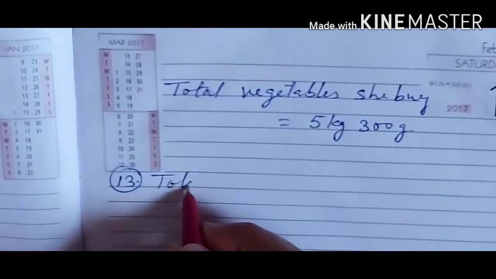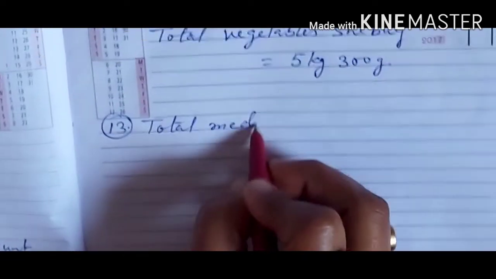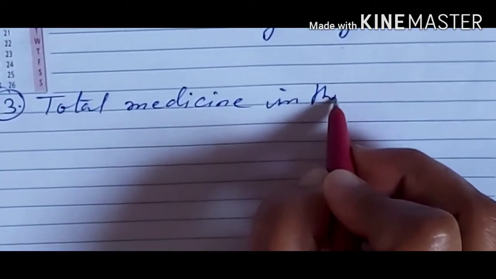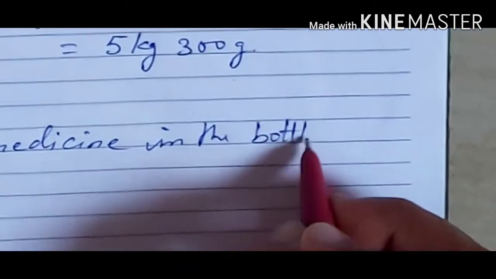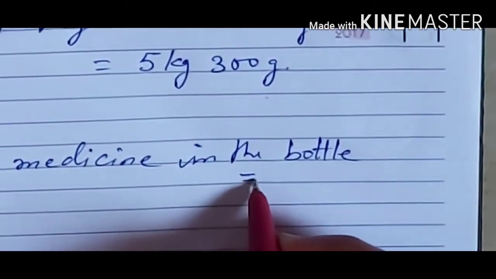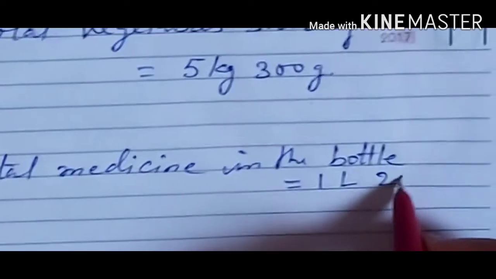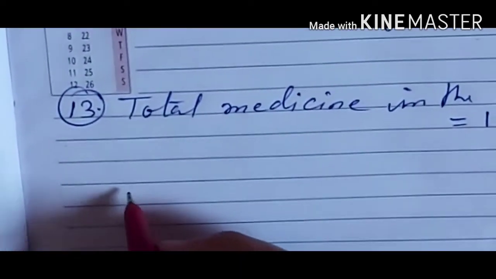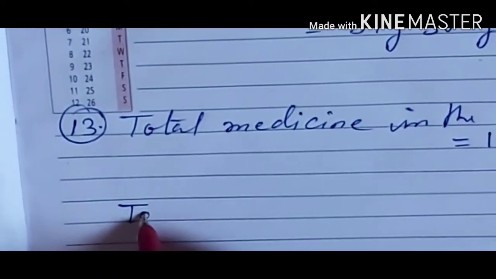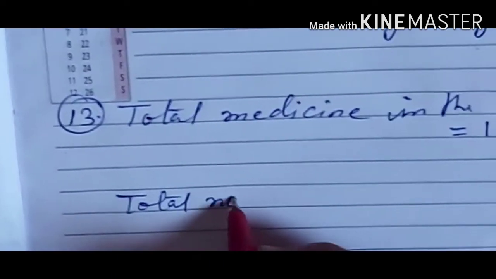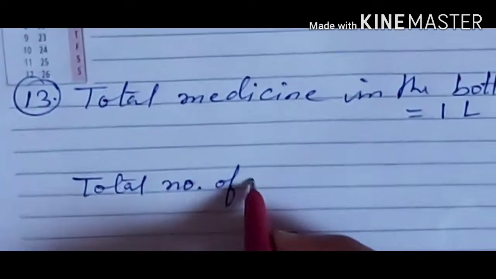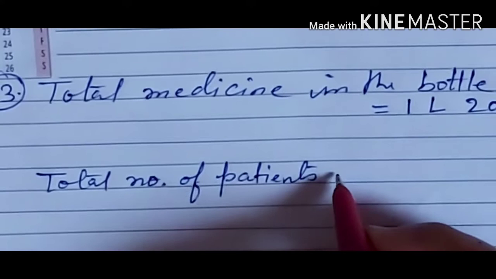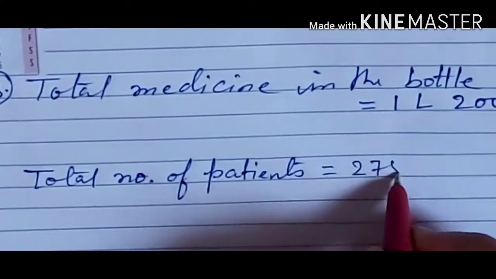Total medicine in the bottle is equal to 1 liter 200 milliliter. Total number of patient 275.